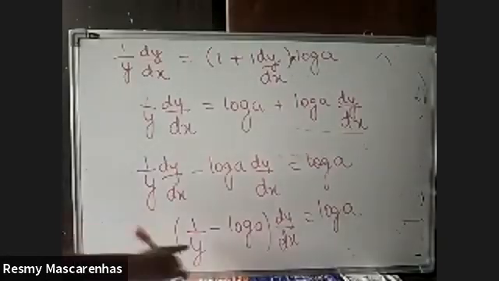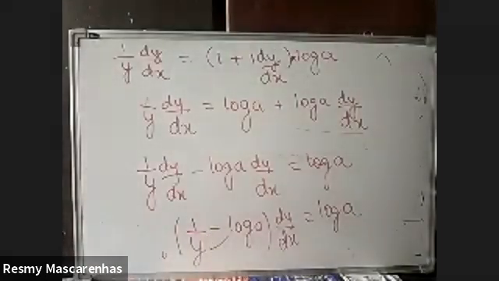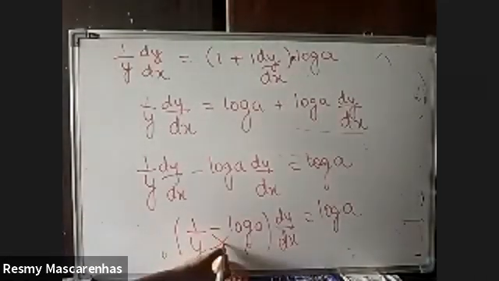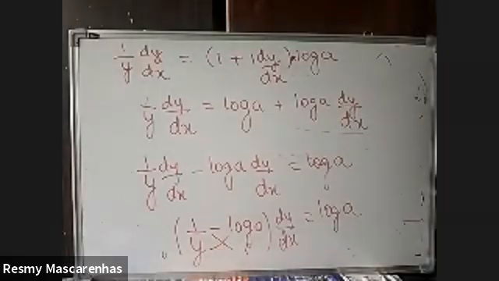Now cross multiply this. Once you cross multiply, if nothing is there, it means 1. So cross multiply and then find dy by dx.